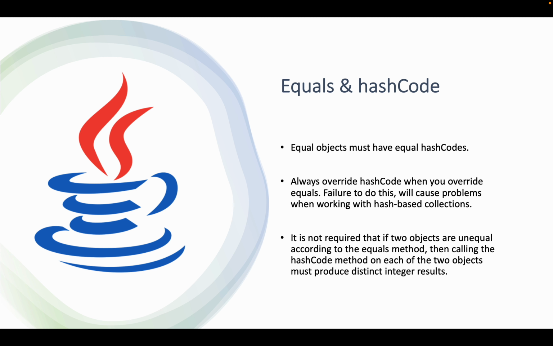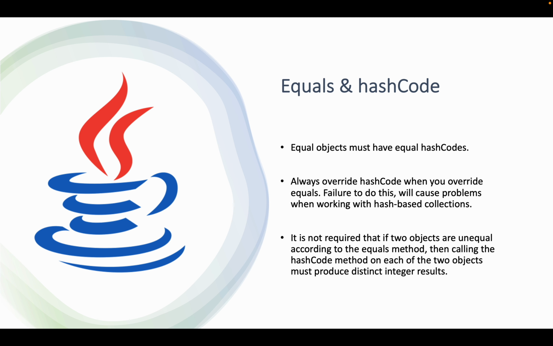So what this means is that if two objects are not equal, it's possible they can have the same hashCode, even if they are not equal. But if they are equal, they must have the same hashCode.